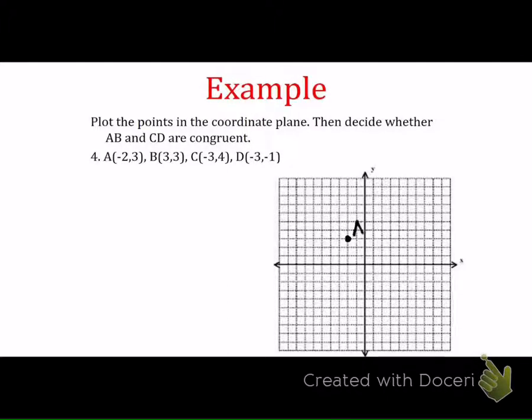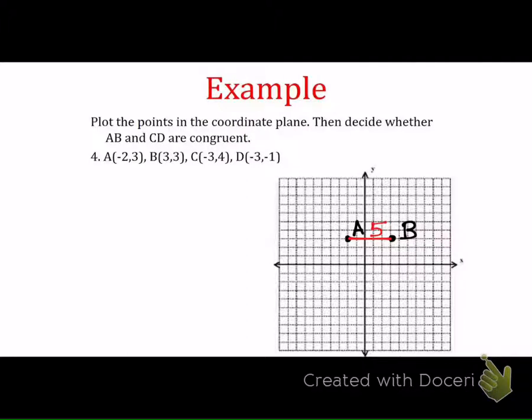I put a dot, I put an A next to it. I'll do next one. All right. You go over 3. And you go up 3. Put a B next to it. Good. Now, if I asked you for the length of that, you could connect them and just count the jumps. 1, 2, 3, 4, 5. That segment is 5 units long.